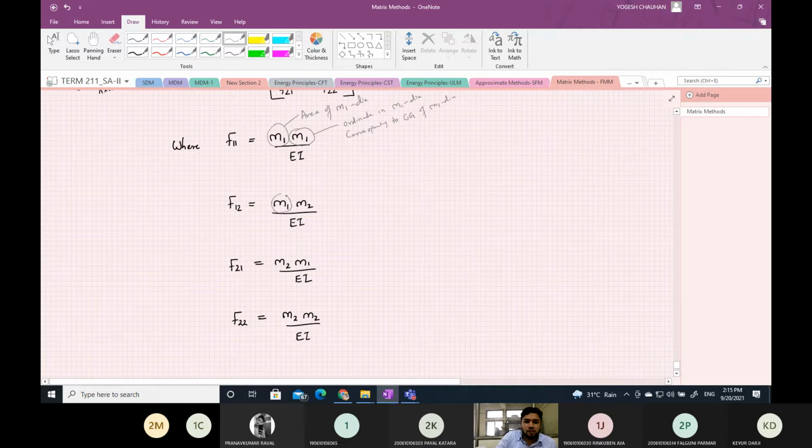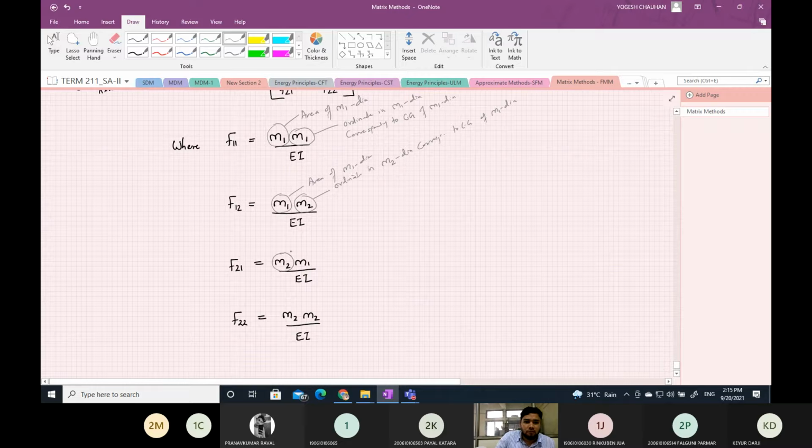Here you have to take the area of the m1 diagram, and the ordinate in the m2 diagram corresponding to the CG of this m1 diagram, that is, the area of this first and then the ordinate.